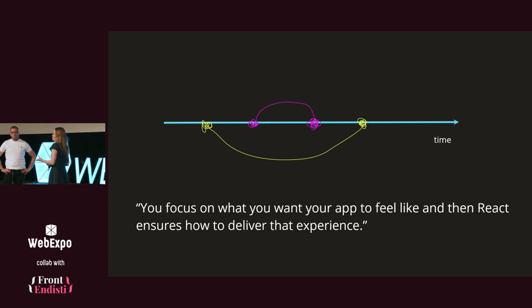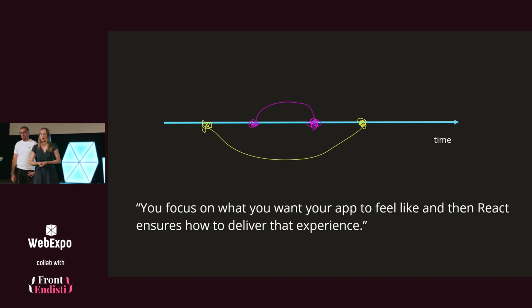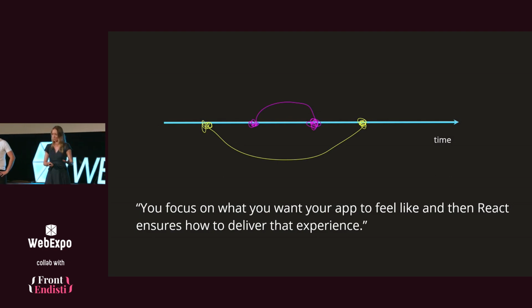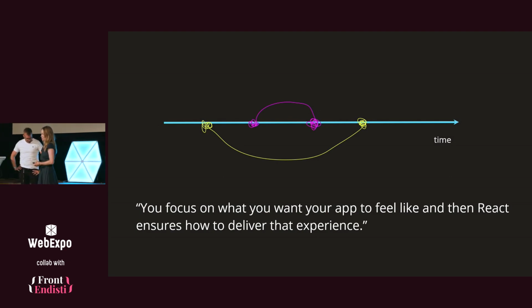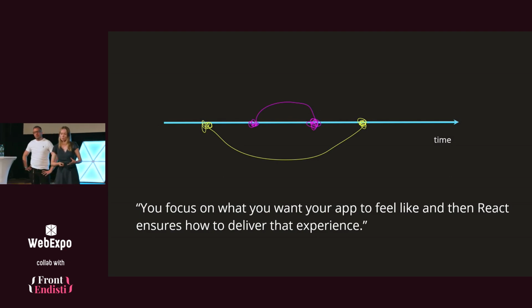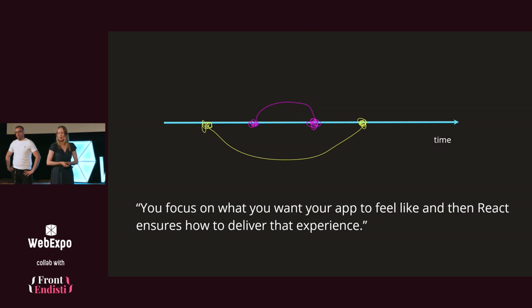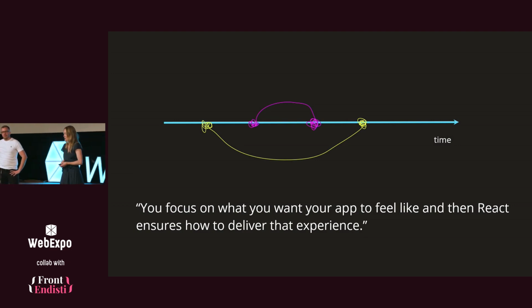Some of you may know that React has always been focusing on concurrency, and it continues to do so. What exactly is concurrency? It means that React can interrupt an ongoing process to do something else that is, let's say, more important. But it can go back to what it did before, after that.